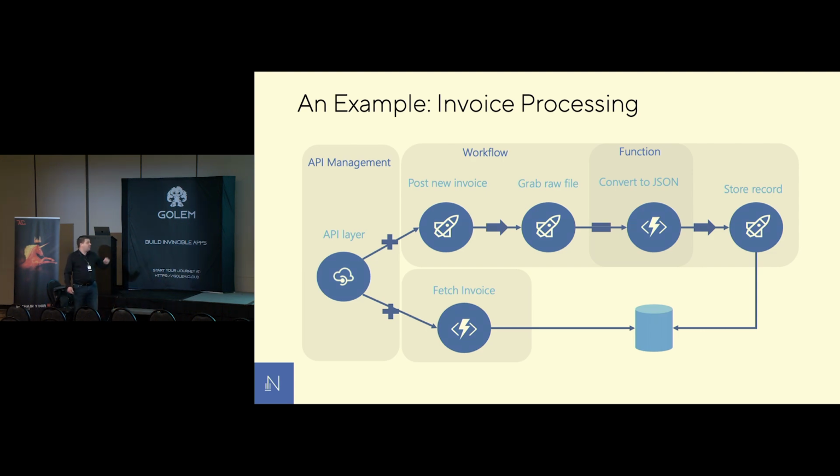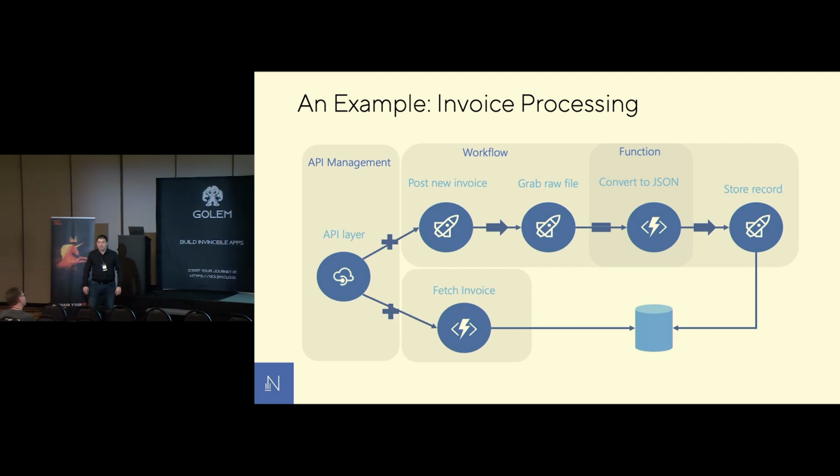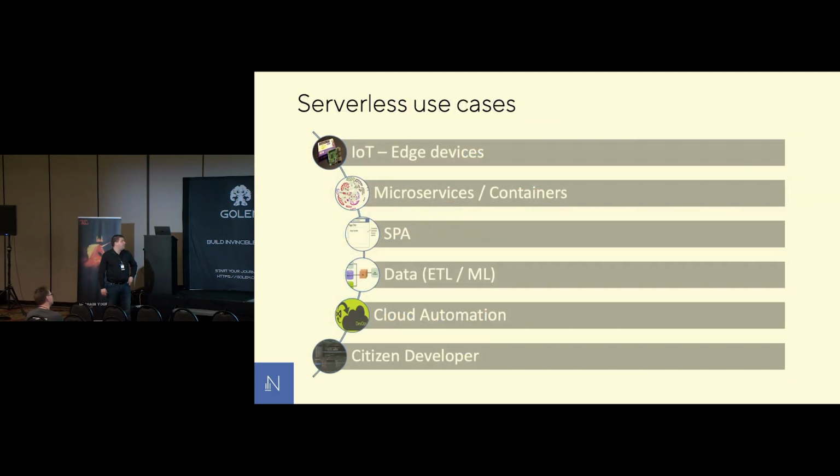It's going to convert it to JSON, and store it somewhere in some NoSQL database, for example. That's going to be one function that does this part of the job. The second function is going to be one that's just fetching the invoice from the database. It's going to fetch the JSON, format it in the sense that we need, and return it to the end user application, which is some kind of front end. This is done with the serverless components.